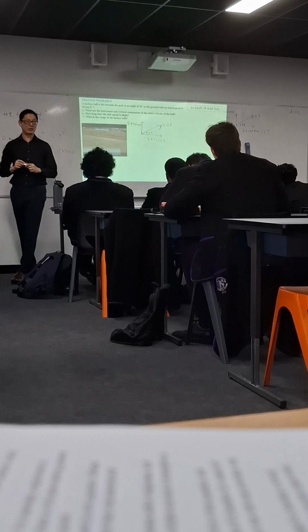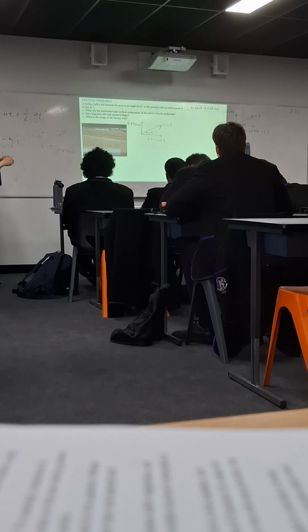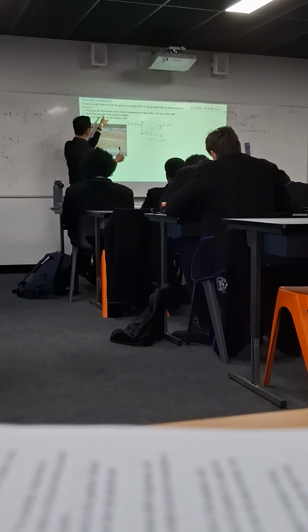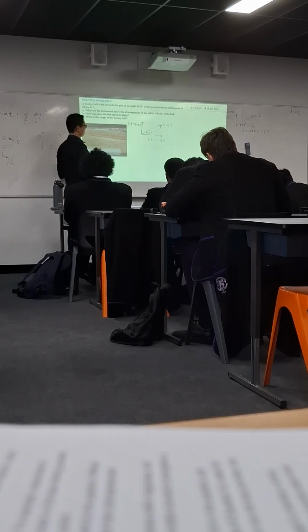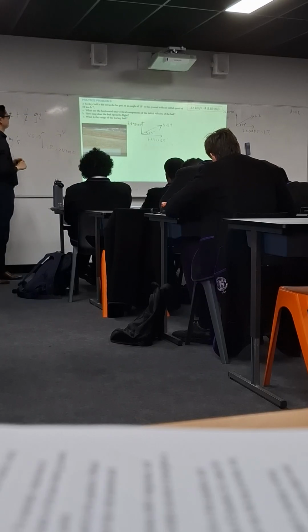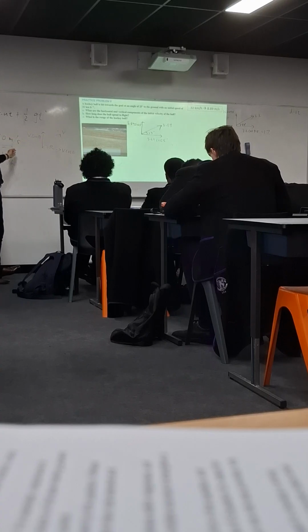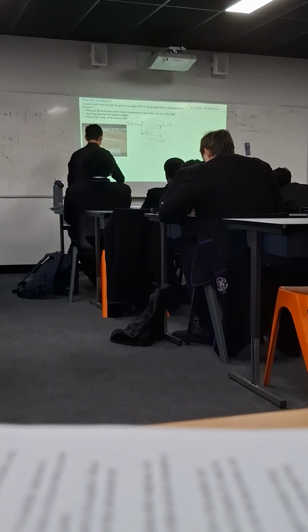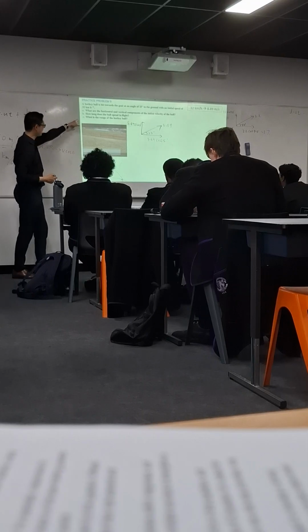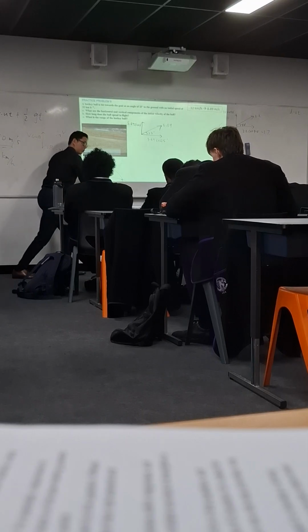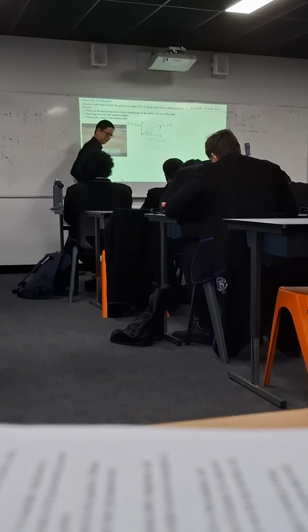That will be the answer for the first two: horizontal, vertical. And then B, how long does the ball spend for the entire flight? Means from here to here, how much time does it take? C, what is the range? Try.